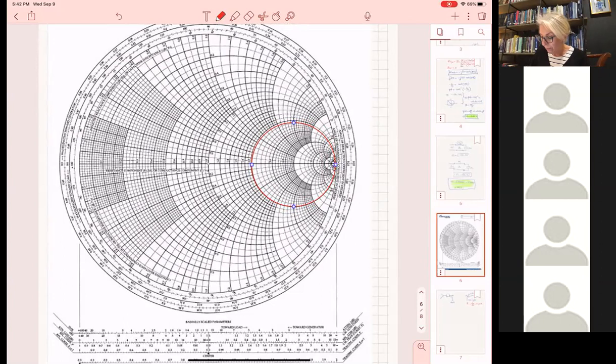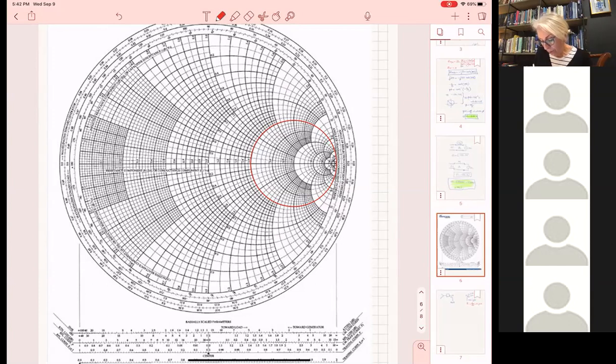Okay, perfect. And where is our point? It is 2 minus J0.4, the normalized value.